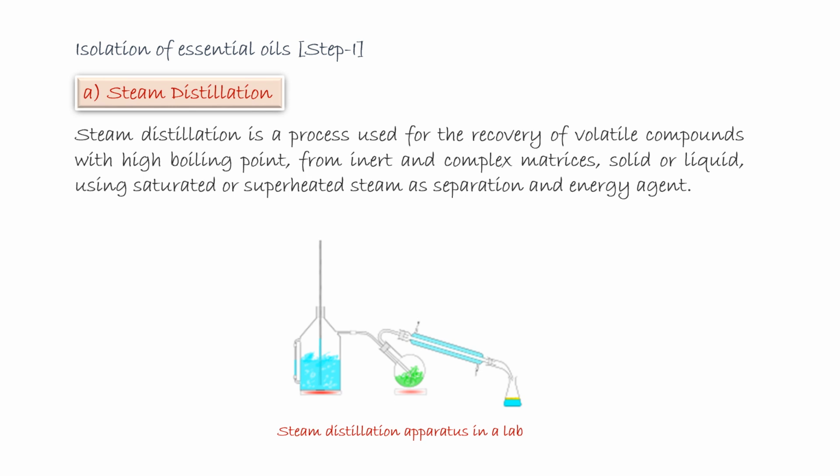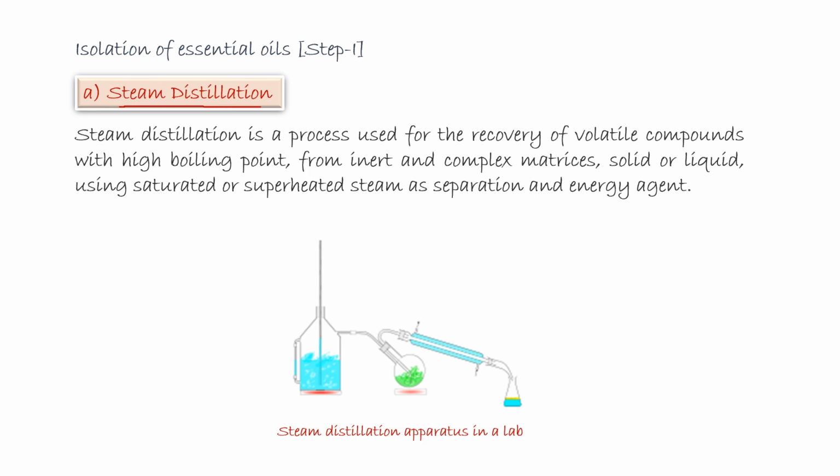The isolation of the essential oils could be done by steam distillation, and steam distillation is a process used for the recovery of volatile compounds with high boiling point from inert and complex matrices, solid or liquid, using saturated or superheated steam as separation and energy agent.